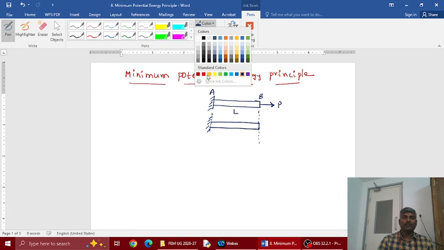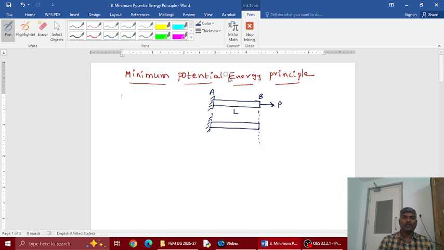Let us say this bar elongates this much. I don't know the exact value, but this is a possible deformation value. This may be another deformation value possible, because you don't know the value, right?